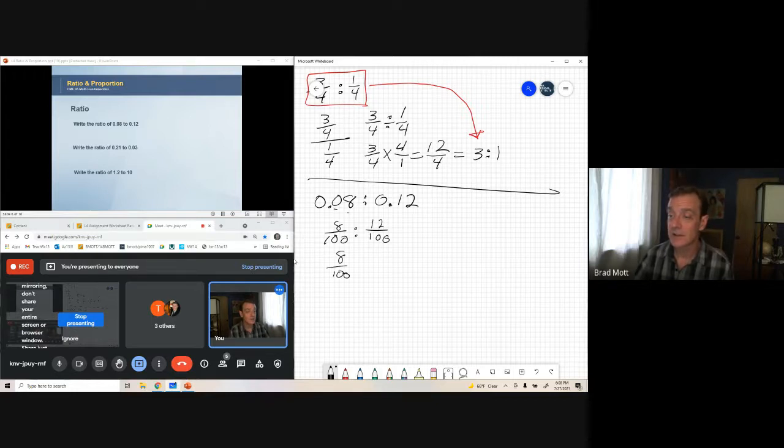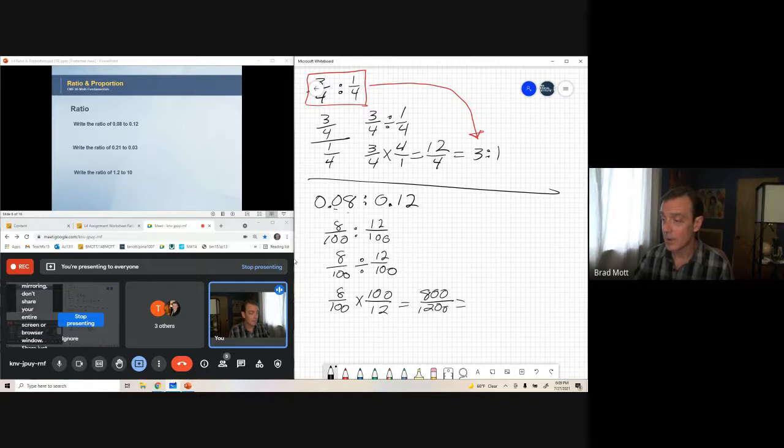8/100ths. And I'm going to skip a step here. If anyone doesn't follow along, let me know. I'm going to go straight to 8/100ths divided by 12/100ths. Okay. And then I am going to write down 8/100ths times 100 over 12. I will get 800 over 1200.